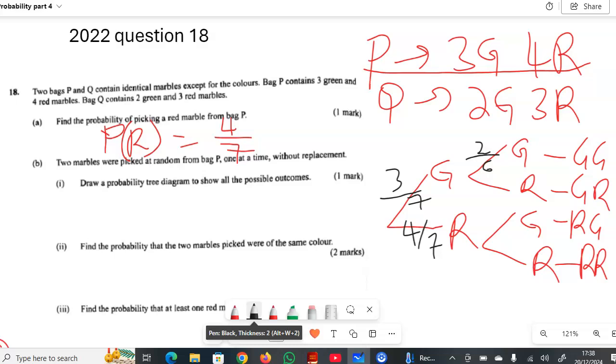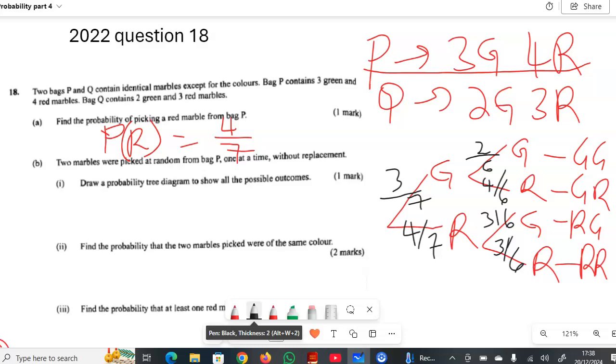For the red you have not picked, there are still 4 out of 6. And you can see that 2 over 6 plus 4 over 6 should be 1. Now, if you had picked red in the first scenario, now there were 4, so there are going to be remaining 3 out of 6. Then the green you have not picked is still 3 out of 6.